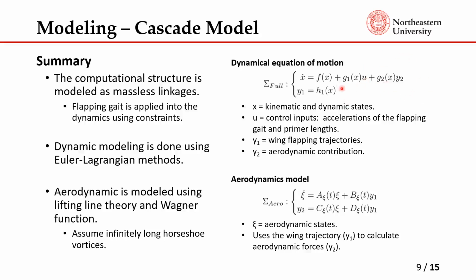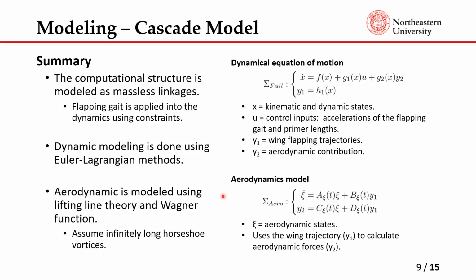So into this model we have the inputs and the aerodynamic force, which we cannot directly control, but through the flapping gait hopefully we can control some of its modes. So the output of this system is Y1. We call Y1 the flapping trajectories that we'll be using in the aerodynamic model to calculate the lift and drag acting on the wing itself. So the aerodynamic model, using the Wagner model, has some aerodynamic states which are uncontrollable.